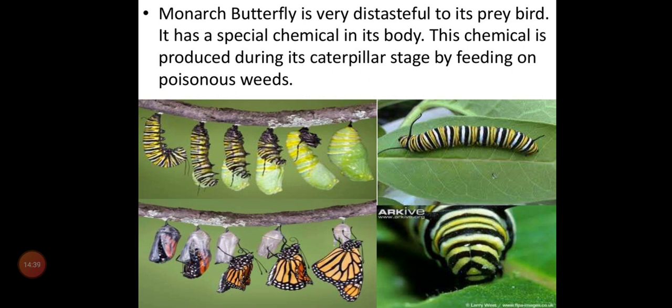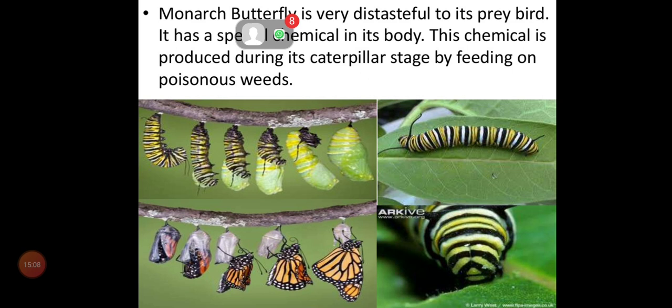Because of the toxic milkweed, it has cardiac glycoside chemicals in its body. So if it is eaten by predators, it gives a very distasteful taste, and other animals normally don't search for the monarch butterfly. In this way, the monarch butterfly escapes from predators.